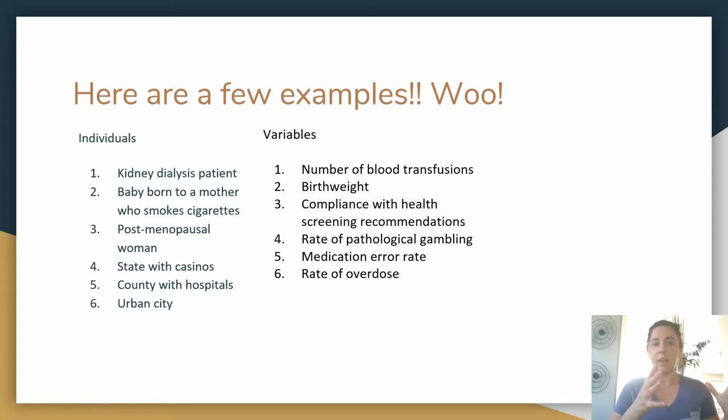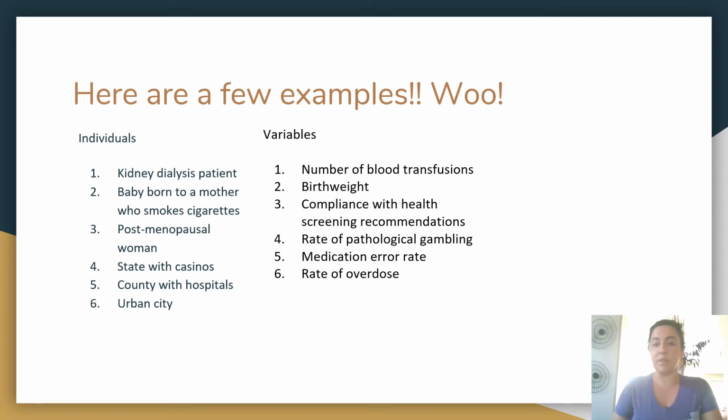So these are just some examples of individuals with some corresponding variables. Here are some individuals. Remember, individuals are people or objects. And then we have the variables that you could be measuring or observing that correspond to those individuals. First, we have a kidney dialysis patient. Something you could be measuring in that scenario might be the number of blood transfusions. Number 2, babies born to a mother who smokes cigarettes.